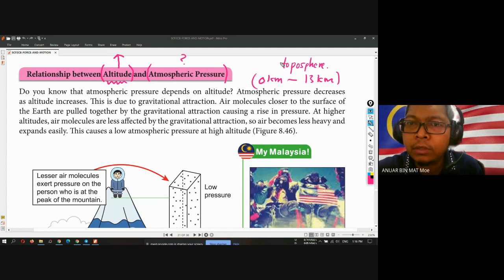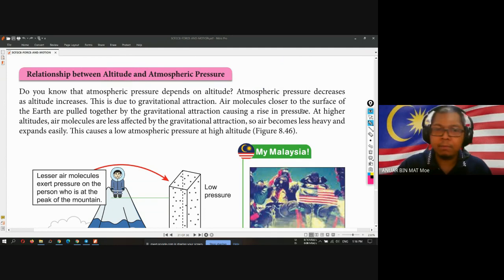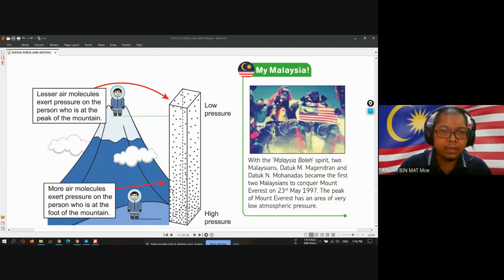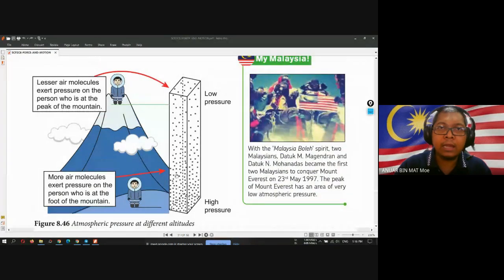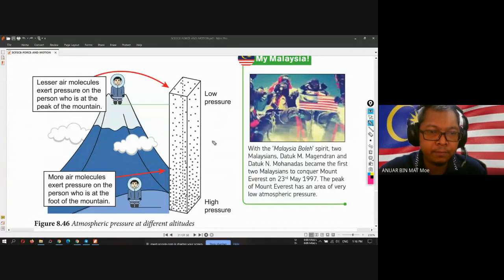Troposphere. Okay, so never mind. You just remember, okay, class, by looking at the picture over here. You just remember like this, right? If the altitude is increased, so the air pressure will decrease.